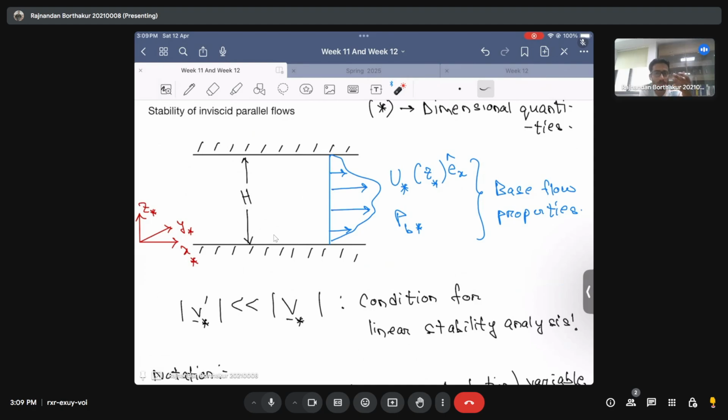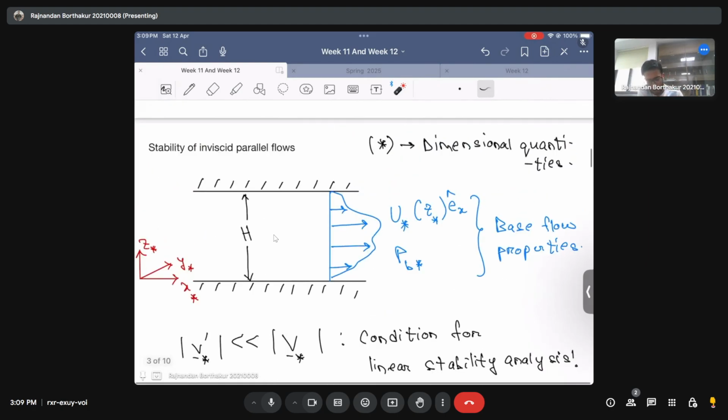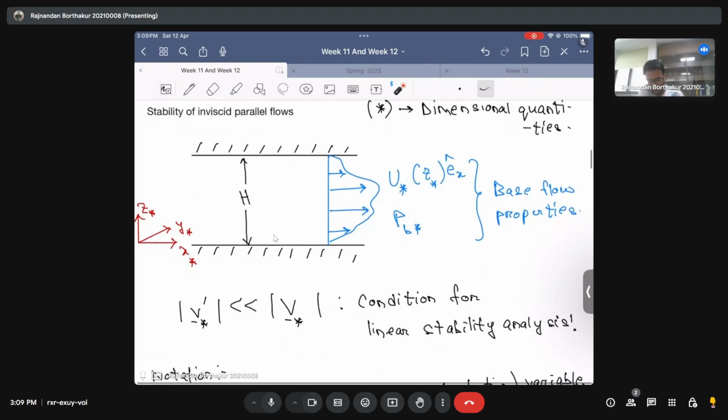Stability, meaning instability, in fluid mechanics comes into the picture, and then as an exercise we looked into this problem where there was a fluid whose base flow was given by a base velocity, which is u of z, and a base pressure, which is p. Of course, this flow is inviscid in nature, meaning that the viscous effects are not present.